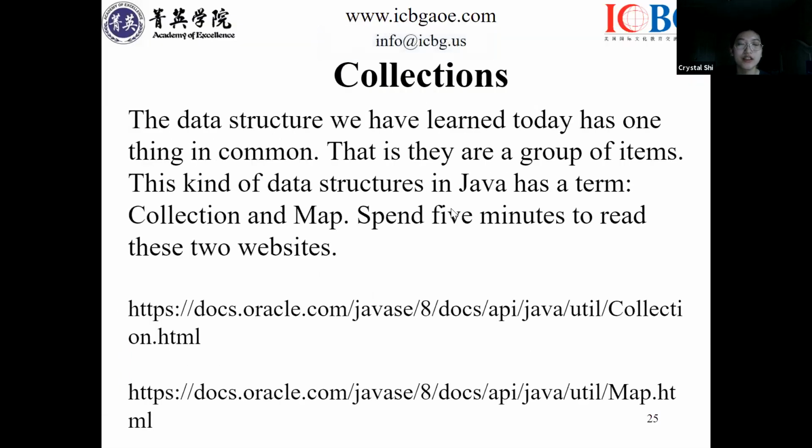Very quickly, the data structures we've learned today have one thing in common. They're all a group of items, right? Dictionaries, arrays, they're all a bunch of stuff that you put together in one place. These kinds of data structures have terms called collections and maps. I'll post this PowerPoint later so you can look at these links.